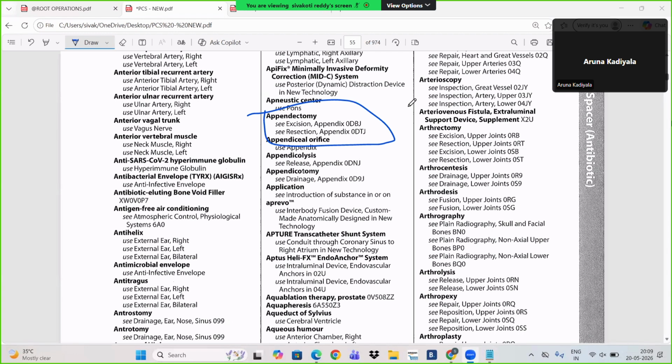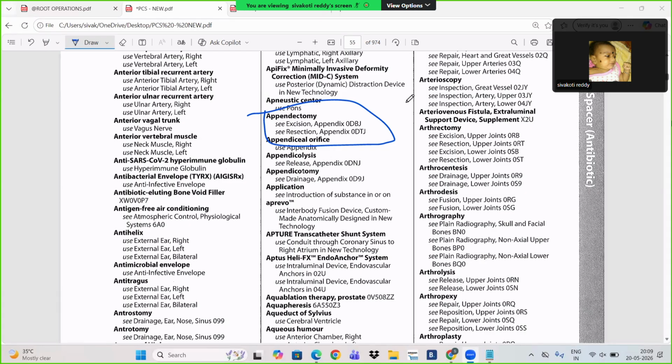So the first thing, we need to identify the root operation. Suppose you know the meaning of excision, you can go with excision. If you know the meaning of resection, you will go with resection. But if you don't know the excision and resection definitions, then it will be difficult.